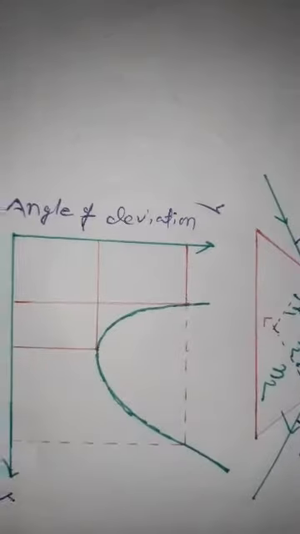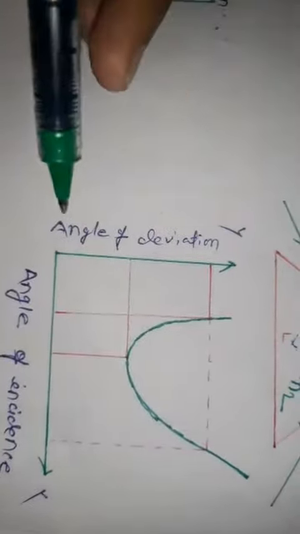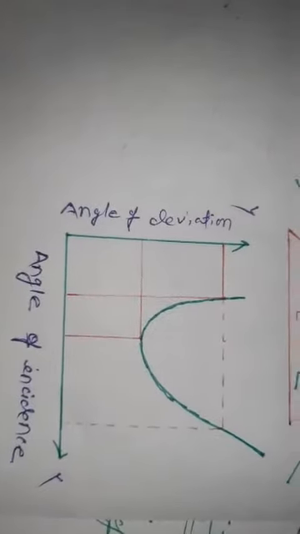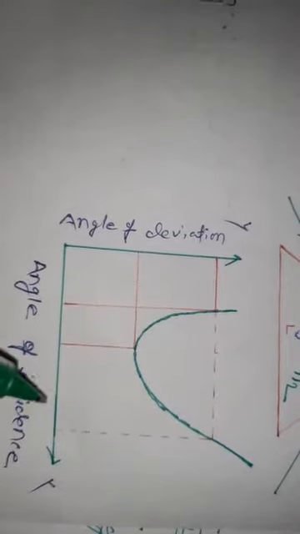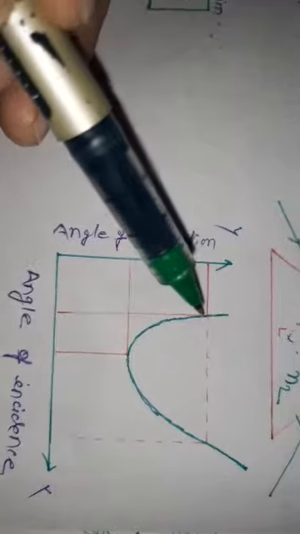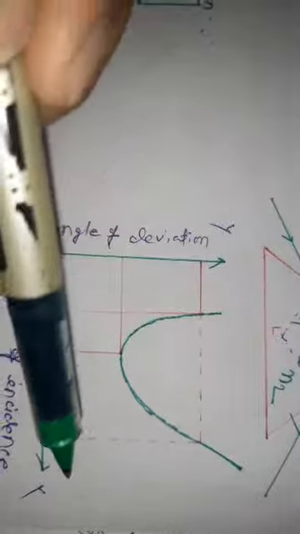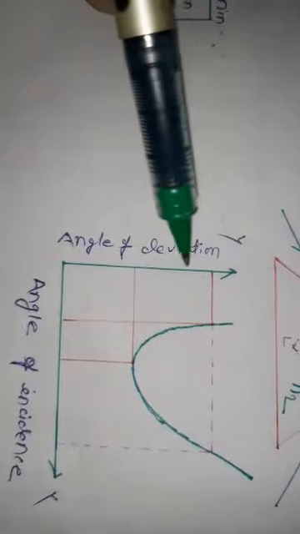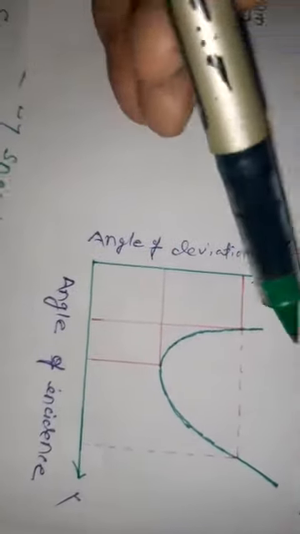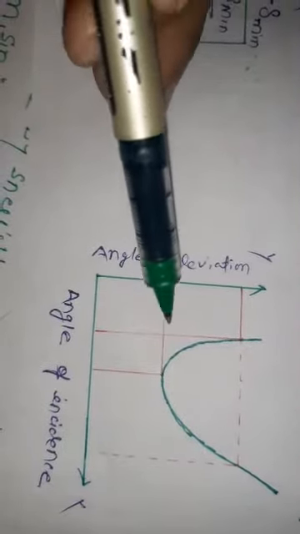As you can see in the figure, on the x-axis we have the angle of incidence, and along the y-axis we have the angle of deviation, that is delta. So if I increase the angle of incidence gradually, the angle of deviation first decreases and attains a minimum value.